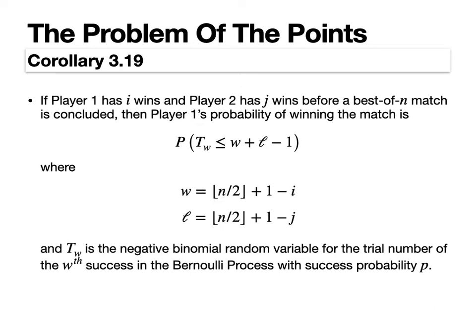Remember, he already has i, so he needs m sub w minus i, or W here, additional wins. And L is the number of additional wins player 2 needs in order to win the match. So this is a negative binomial probability that we'll be able to calculate, since we know the negative binomial distribution.